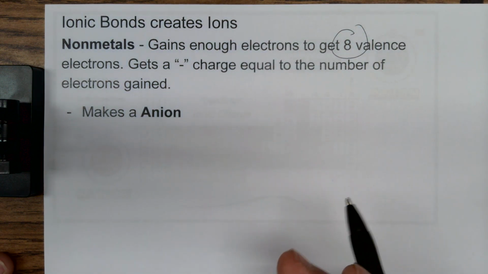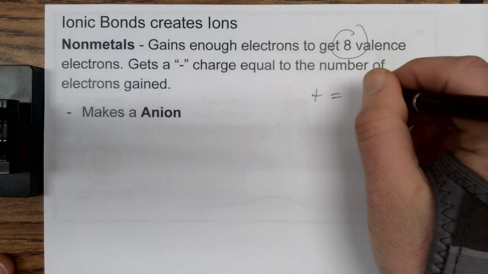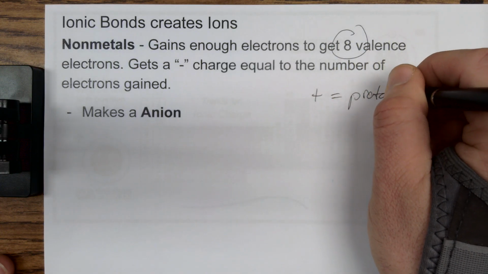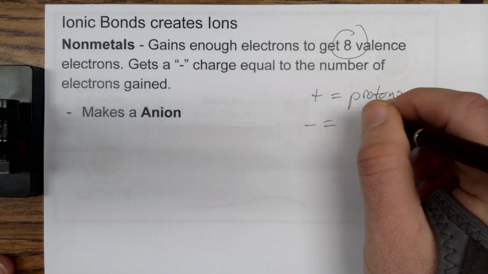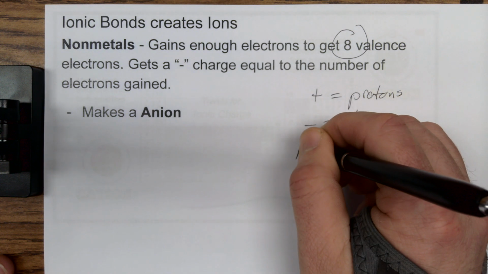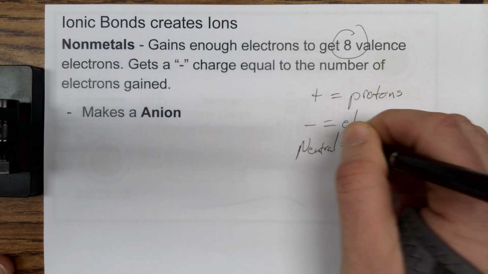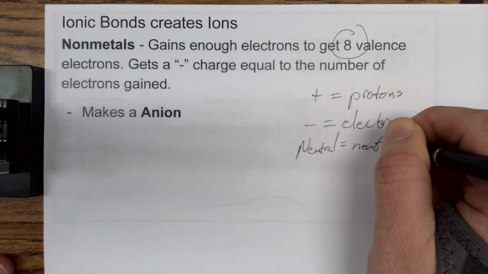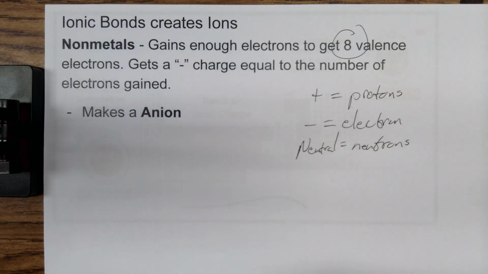Because I'm adding electrons, and remember, my protons are positive, my electrons are negative, and my neutrons are neutral. If I add more negative subatomic particles, it makes my overall atom negative. If I take away negative subatomic particles, it becomes more positive.